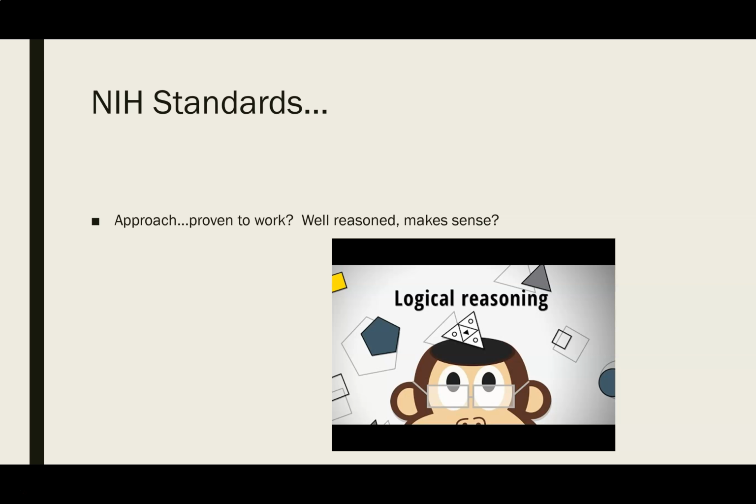If you were dealing with survivors of rape, you would train survivors of rape to work with other survivors. So this is what they mean by the approach is proven to work. It also has to be reasonable and make sense, so it's logical. So even if there's not a lot of research to show the specific item that you're doing, there is logical reasoning behind it, which makes sense.